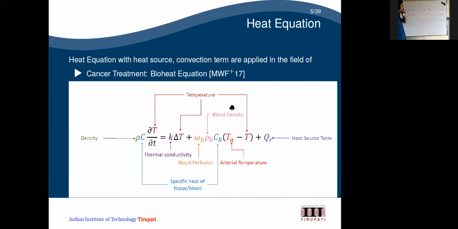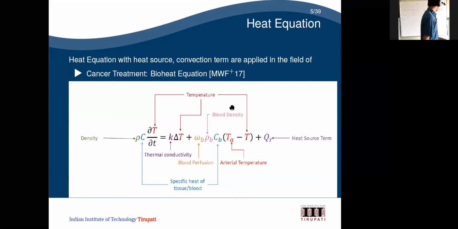If I go for a two-dimensional or three-dimensional case, I will simply put delta u, which is u_xx plus u_yy plus u_zz in the three-dimensional case. Here instead of u, I am using T, since it represents temperature. So it is the same kind of thing.